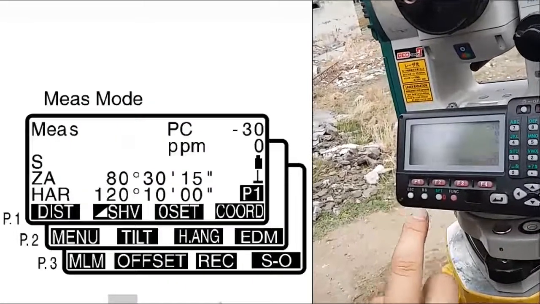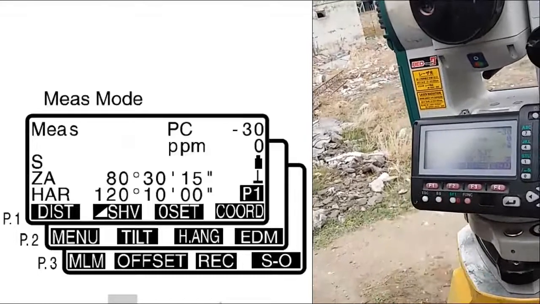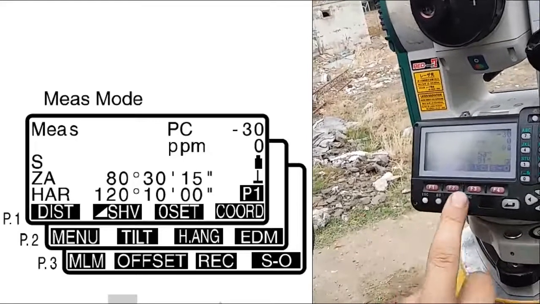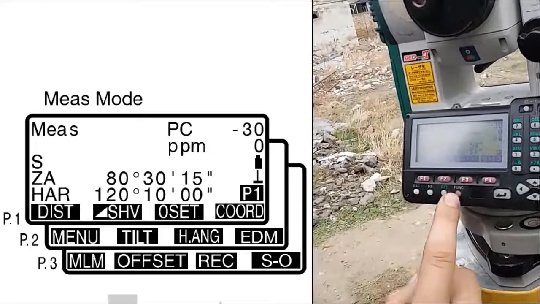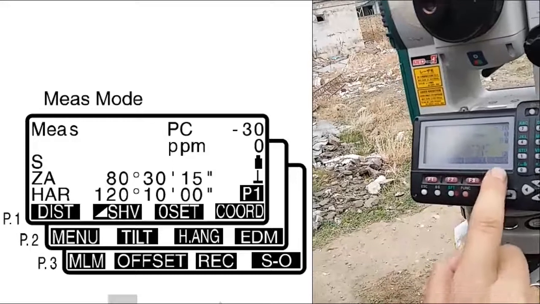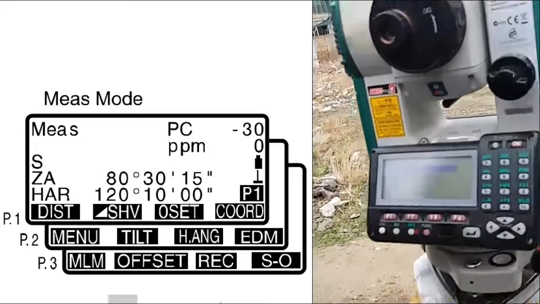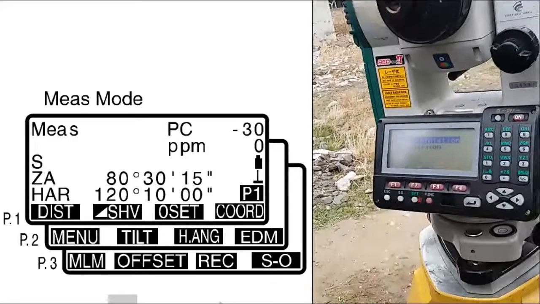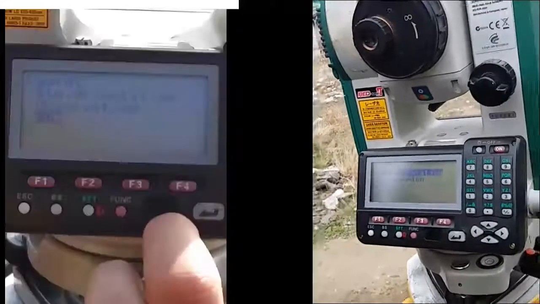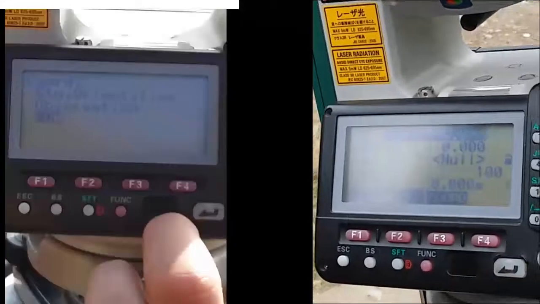The first thing is station orientation. In station orientation, they are asking the position of our instrument. We have one known point and one known coordinates. That's the position of our instrument, where our instrument is positioned.